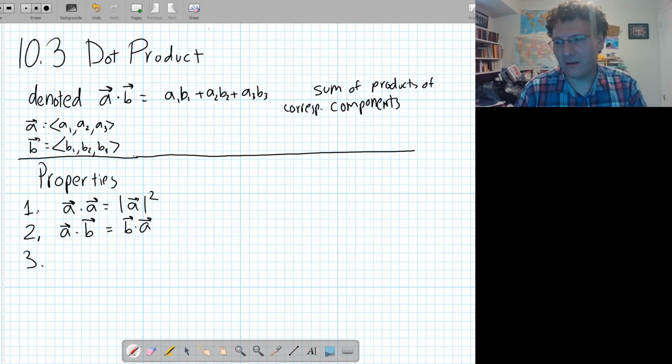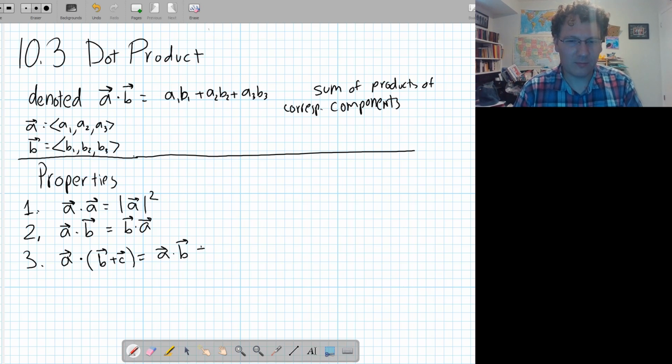Thirdly, the dot product is distributive, so the dot product of A with B plus C is A dot B plus A dot C. Fourth property would be that it's associative with scalar multiplication.